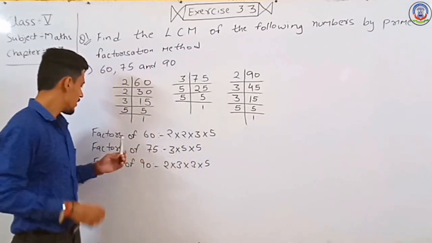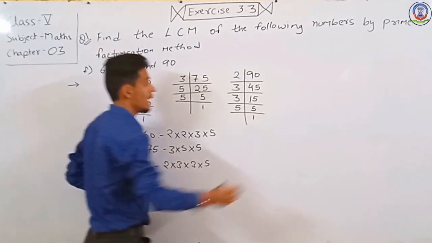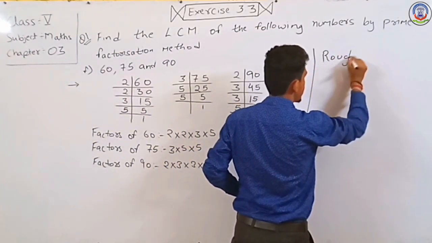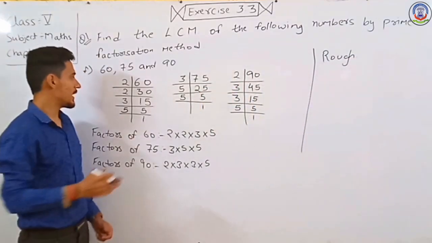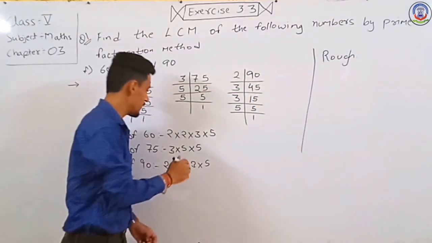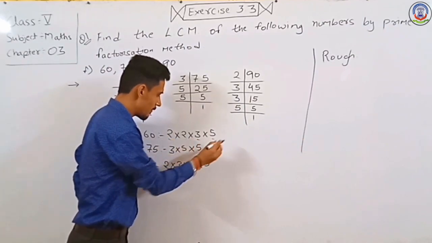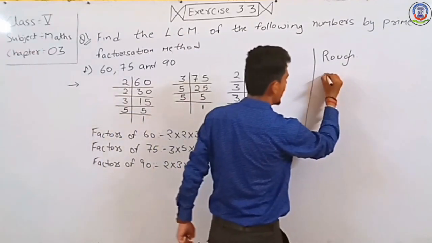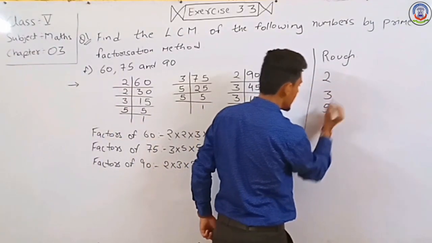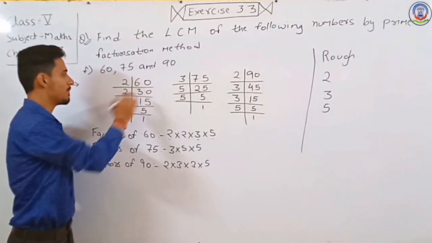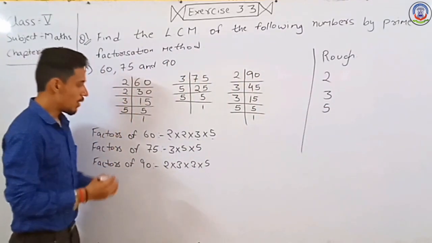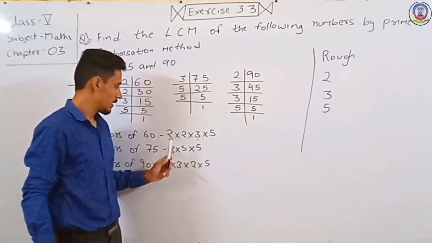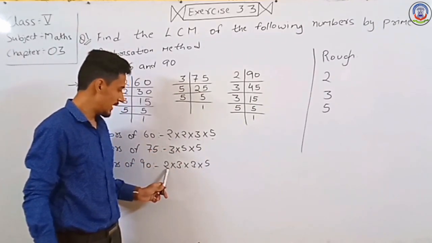So that's how we can write the factors of these numbers. Now we do rough work, that is, how many maximum times the number is repeated. So we have 2, 3 and 5, which we use as the prime factors. How many times is 2 there?